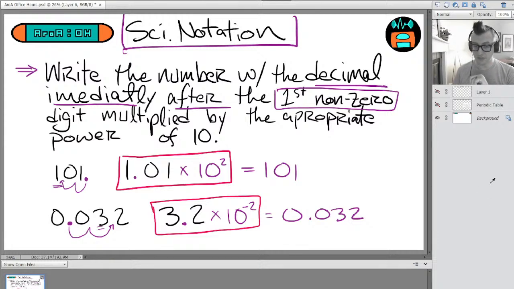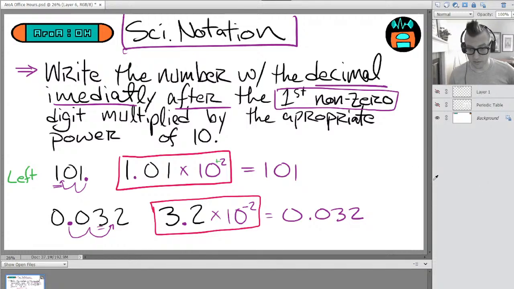Now, I want to point something out to you. Notice that in our first example, we move the decimal 2 spaces to the left, which results in a positive exponent of 10. You go 2 spaces to the left, that's 1.01 times 10 to the positive 2.